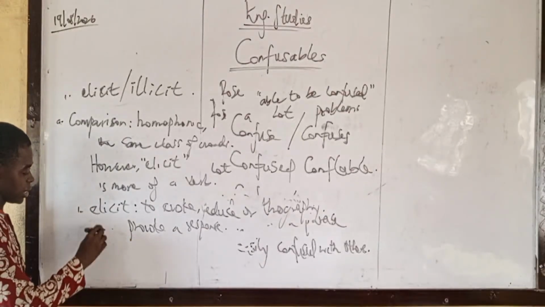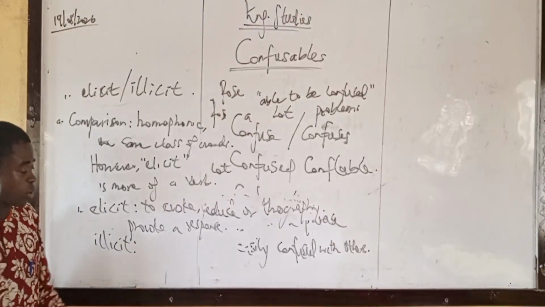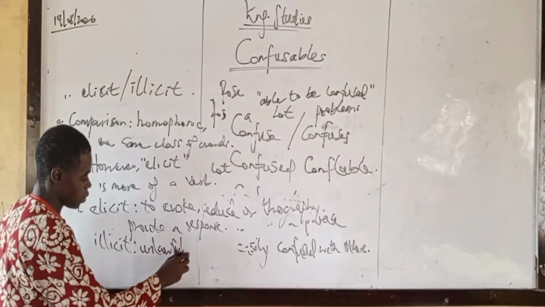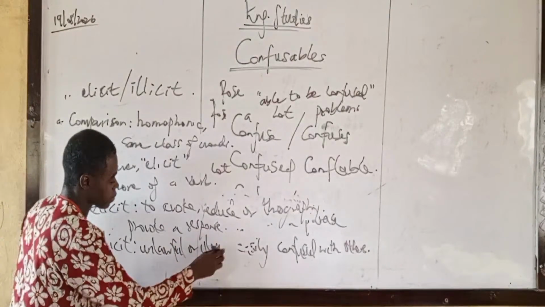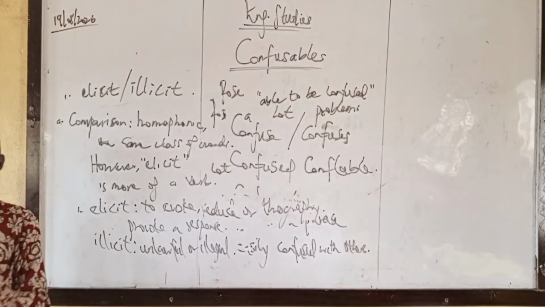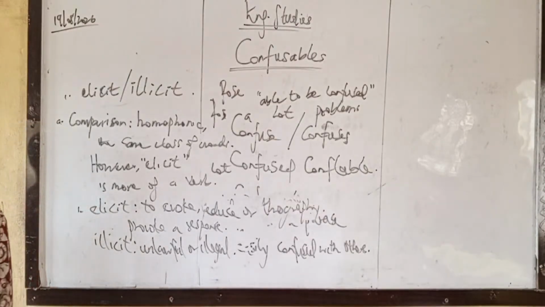Bring down the second one, illicit. Something illicit is what? Unlawful or illegal. Let's use the two of them in different sentences.